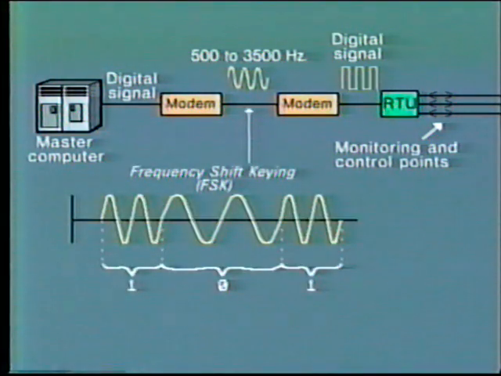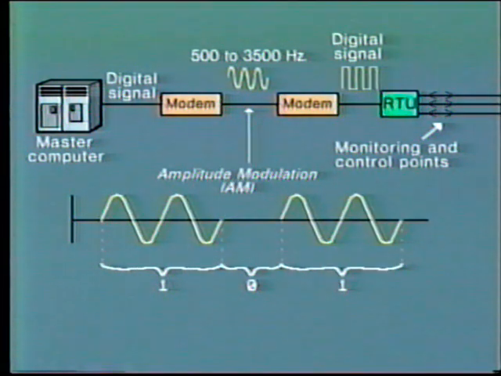The most common type employs FSK, that is, frequency shift keying. The high frequency for a very short period represents the digit 1, and the lower frequency represents 0. Recall, FSK was discussed in PSP Tape 10 on pilot protection and PSP Tape 13 on power line carrier.